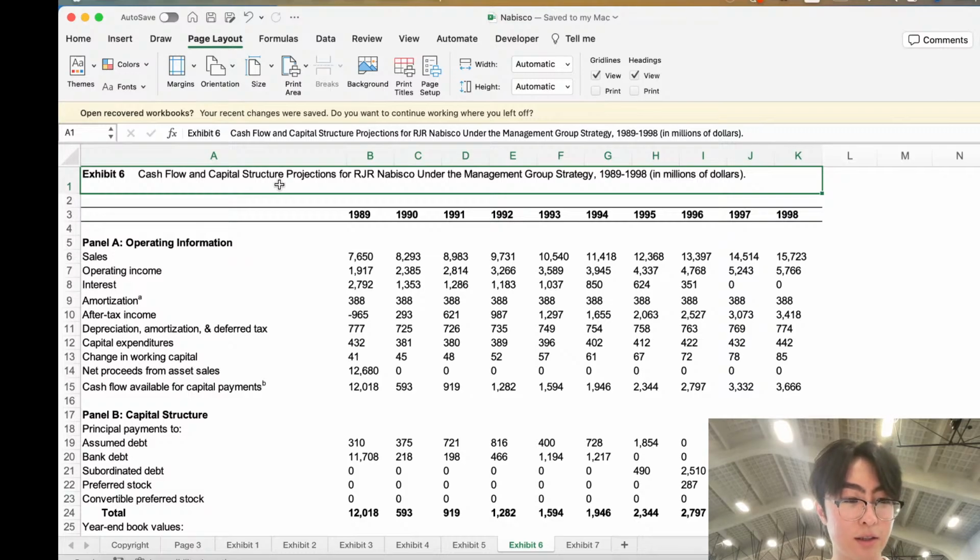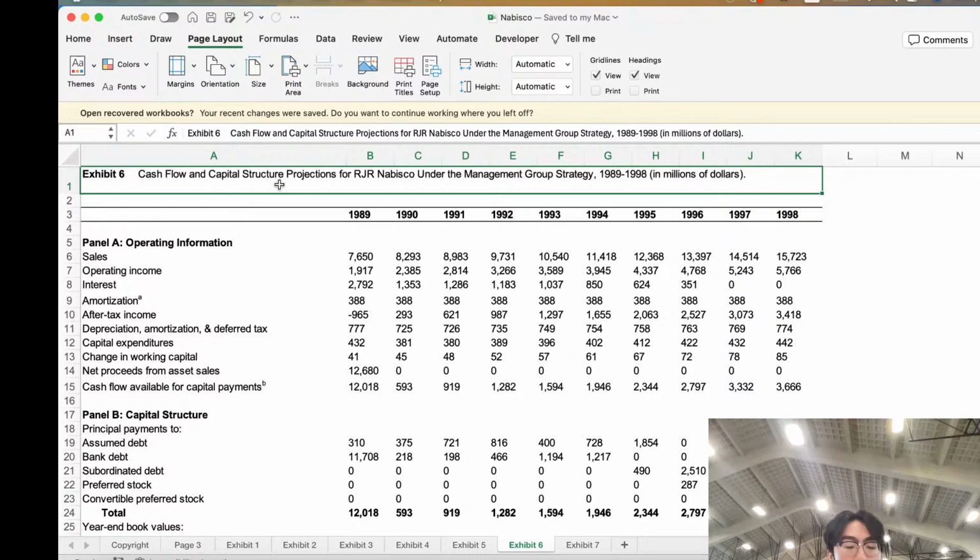Yeah, maybe enterprise value isn't the best. Terminal present value.